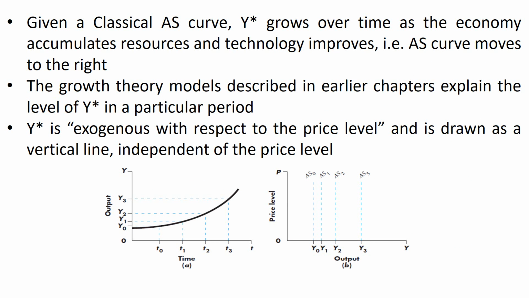What we now need to think about is, is it possible, given a classical aggregate supply curve, for the amount of potential output to grow over time as the economy accumulates resources? Of course it is. We spent much of the first part of this course talking about how an economy can accumulate inputs in order to increase its output over the long run.